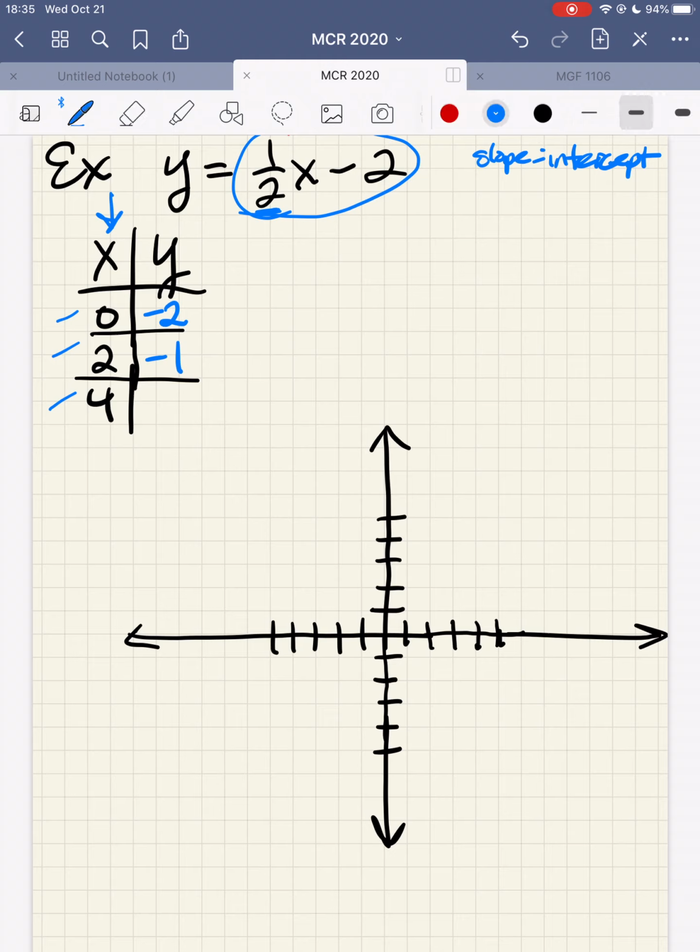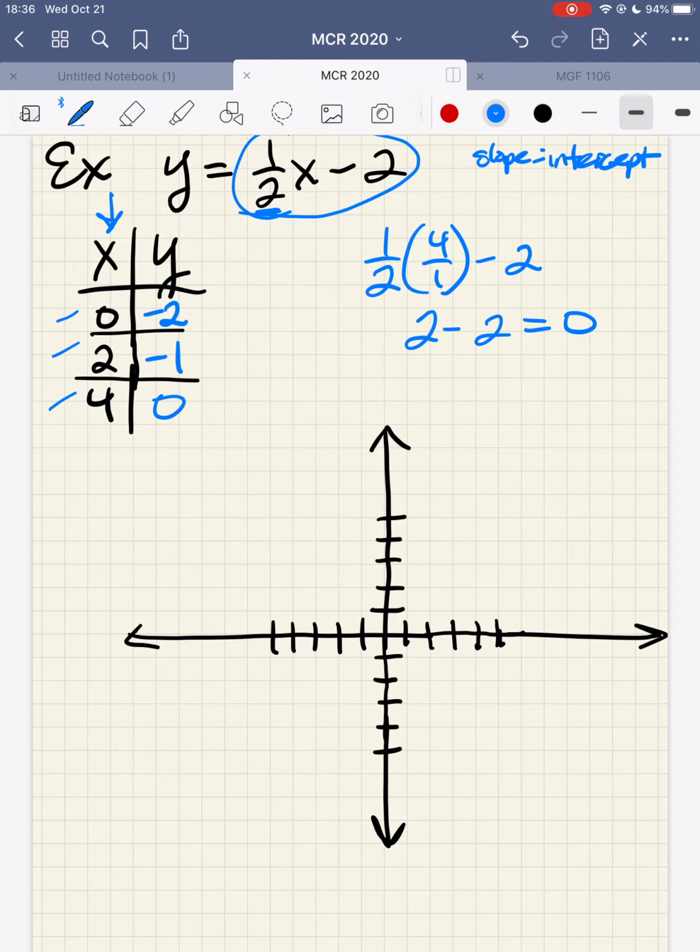Let's look at the next one. So I have 1/2. X is 4. I'm going to go ahead and make it 4 over 1 minus 2. Now in this case, when I multiply straight across, I end up with 4 over 2, which is just 2. And 2 minus 2 is equal to 0. And so I get a 0 there.